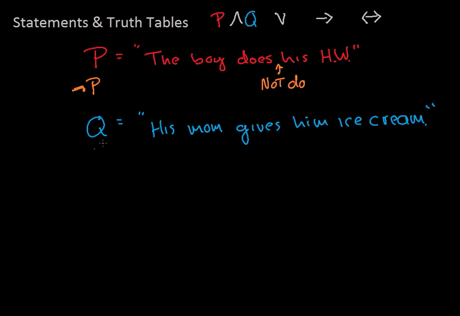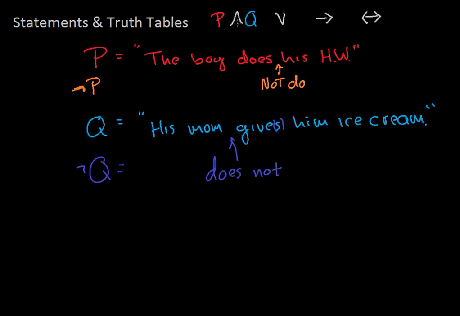And obviously the negation of that would be she does not give him ice cream. So not Q is his mom does not give him ice cream. So put that in parentheses.